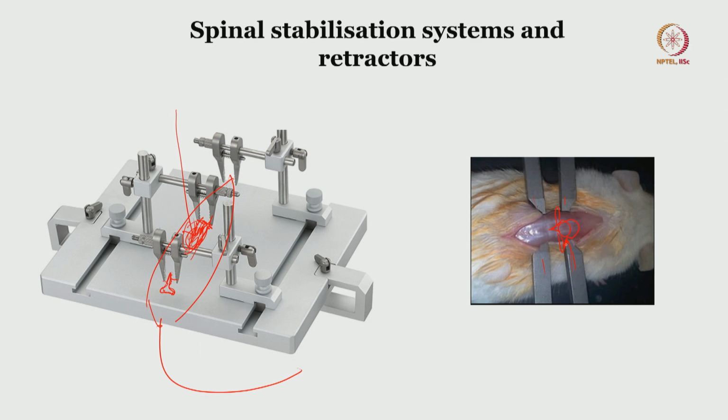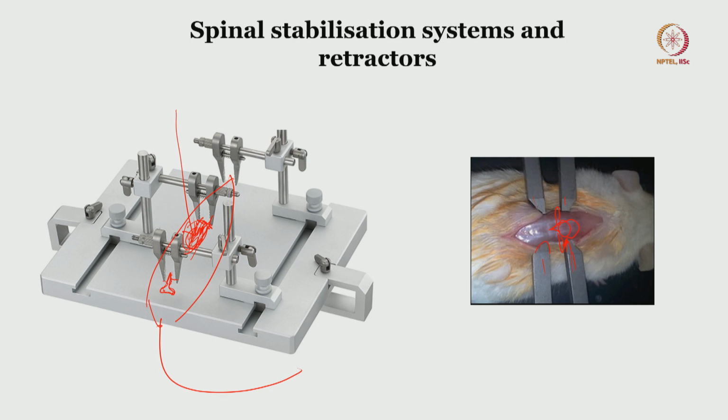Specifically, if possible, after dissecting the muscle you can bring it closer and expose the transverse process and get these rigid fixating bars underneath the transverse process, so that the spinal cord or the spinal column does not move with the steps of laminectomy, where you will be using the heavy rongers to remove the lamina, or even while using the drills you do not want this spinal canal which is otherwise mobile to move around.